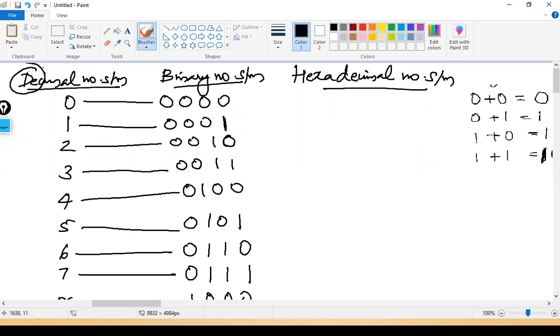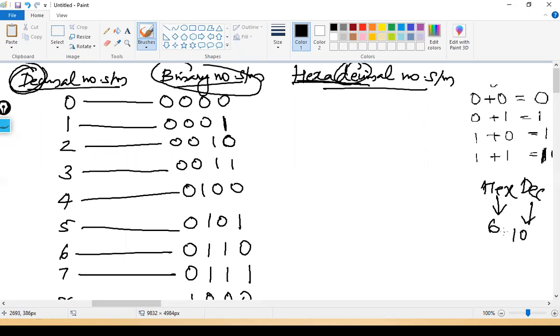Now, this is the decimal and this is the binary number system. Now you got one more number system, which is the hexadecimal number system. Hexa means 6, and dec means 10. So how many values will you have? 16 values.